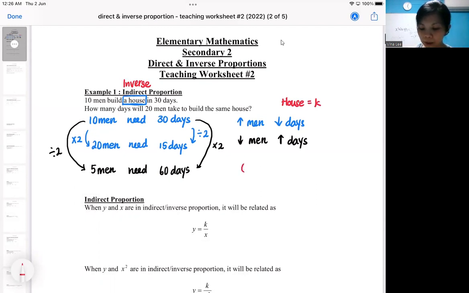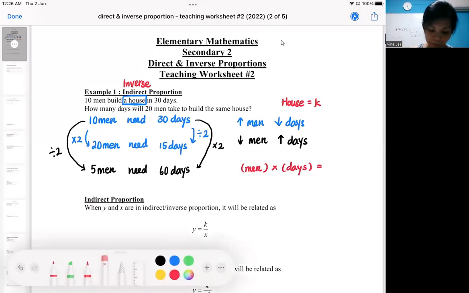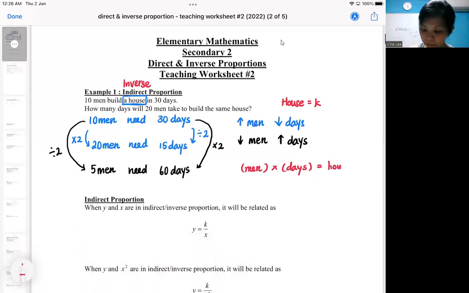So the number of men multiplied by the number of days they work is equivalent to the house done. You can think of it in this way. The house is the constant amount of work. The amount of work that needs to be done doesn't change, but the number of men will change, and the number of days will change accordingly.